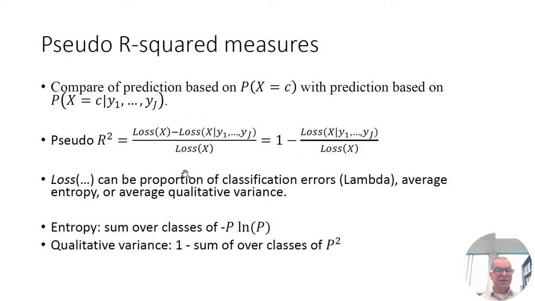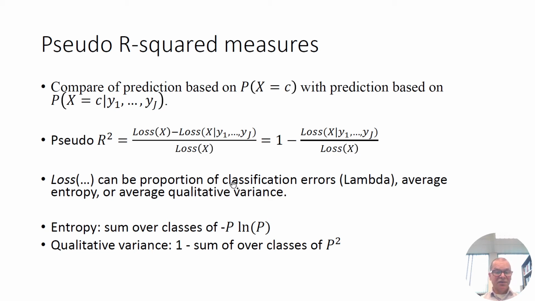This is a very general idea that we're going to apply here to latent class analysis, but you can apply it more generally in prediction situations: the proportional reduction in errors, the proportional reduction in loss. The loss that we use here can be the proportion of classification errors. We already saw that the proportion of classification errors is 0.1533.